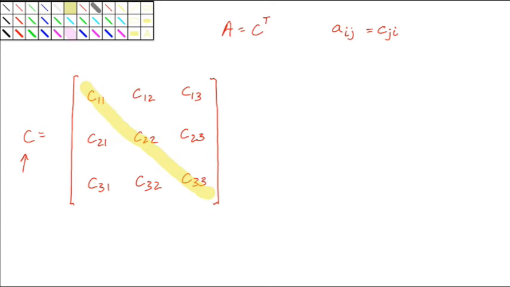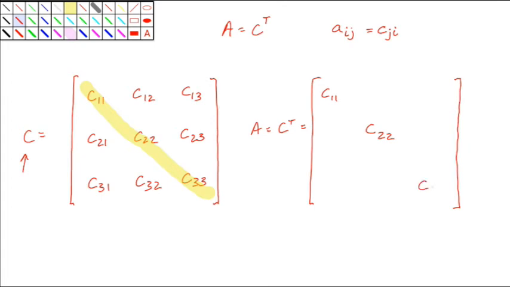This means that for our new matrix, A, which will equal C transpose, our diagonal elements are going to be exactly the same. So this becomes C11, C22, and C33.